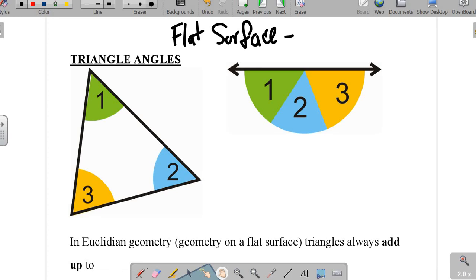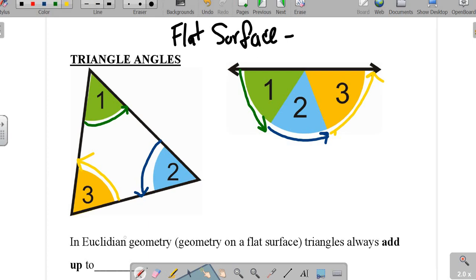So it says this, that if you take the 3 angles of a triangle, let's physically sweep them together. Ready, sweep angle 1 over here. Sweep angle 2. Sweep angle 3.